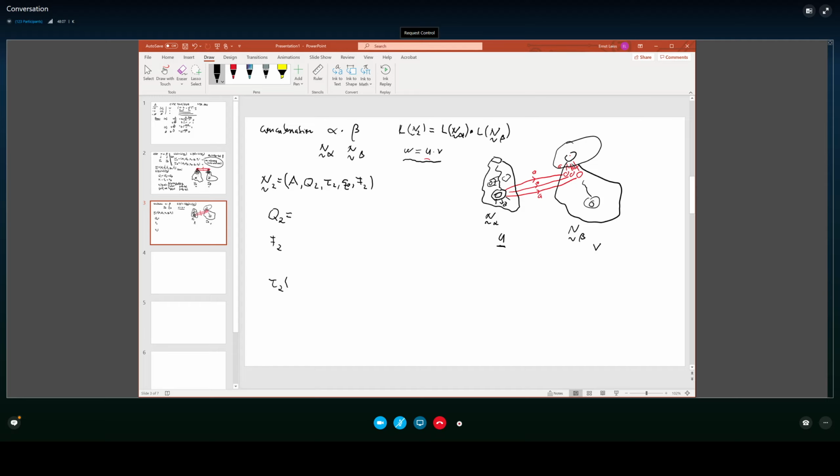This is what you probably think of: having F alpha union F beta. But that's wrong. And it is wrong for the following reason. This would always contain Q0, because by definition F sub beta contains Q0 in that particular case.